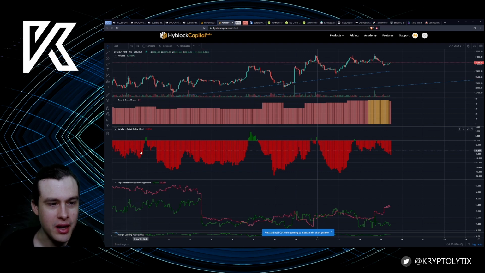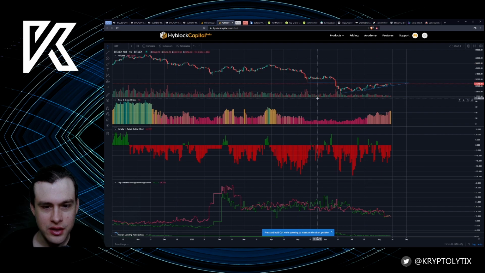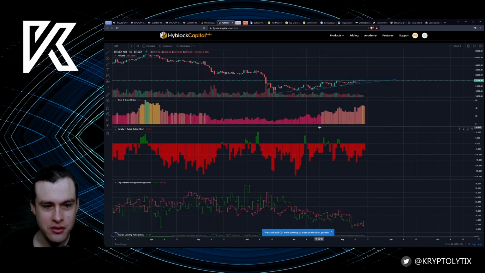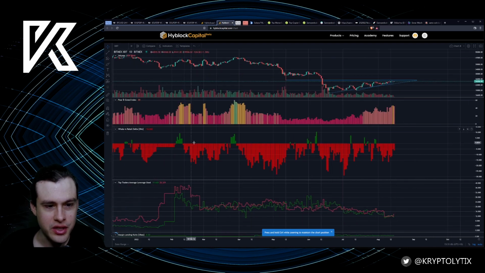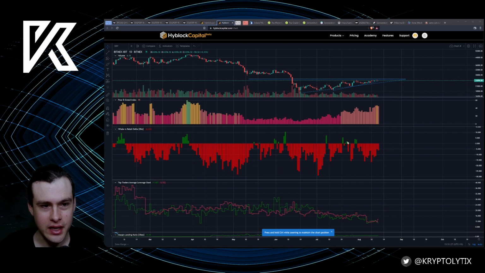What I really like about this, and I shared this on my Twitter, but you can have a look here, and this actually picks reversals like tops, essentially. And before I get into the weeds on this particular chart and indicator set, this particular set of tools is all free with Hyblock.